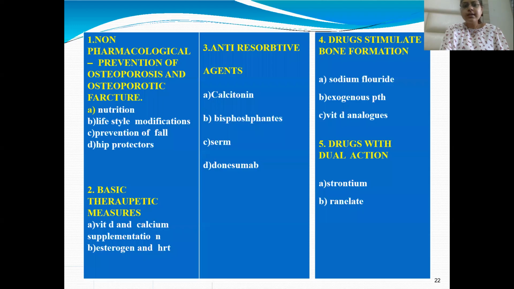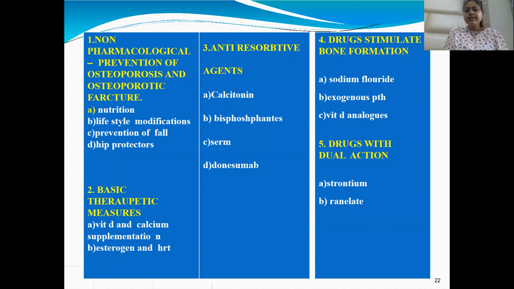Management of osteoporosis. It can be non-pharmacological, which can lead to prevention of osteoporosis and osteoporotic fracture: nutrition, lifestyle modifications, prevention of falls, hip protectors. Basic therapeutic measures: we can give vitamin D and calcium supplementation, and estrogen and hormone replacement therapy, which includes estrogen and progesterone.